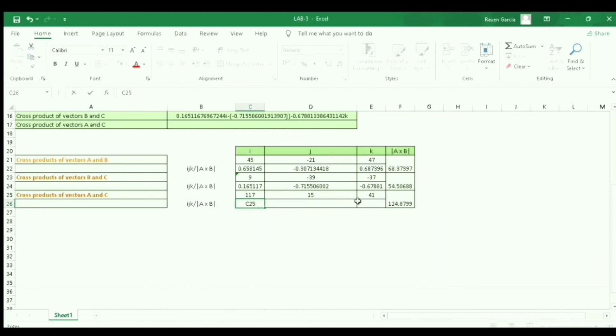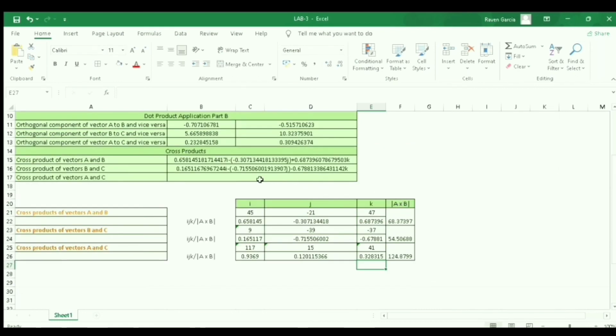Now, to get the unit vector at row 26, column C, input the formula equals C25 divided by F25, and the answer is 0.9369. In the same row at column D, put the formula equals D25 divided by F25, and the answer is 0.12. And now, at the next column E, input the formula equals E25 divided by F25 and hit enter, and the answer is 0.3283.